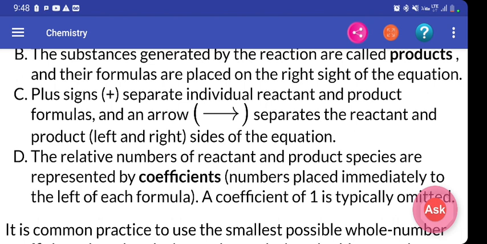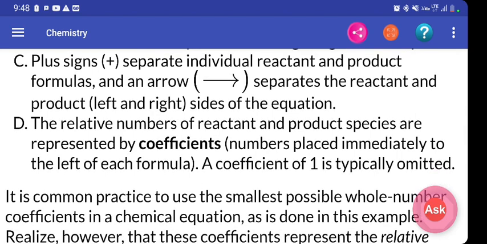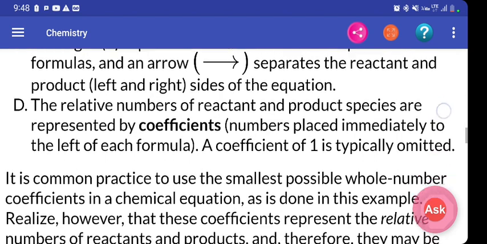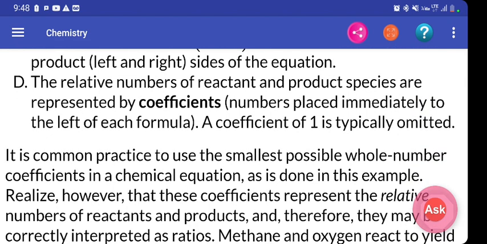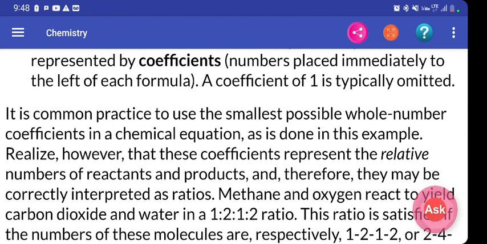D. The relative numbers of reactant and product species are represented by coefficients placed immediately to the left of each formula. A coefficient of 1 is typically omitted. It is common practice to use the smallest possible whole-number coefficients in a chemical equation, as is done in this example.